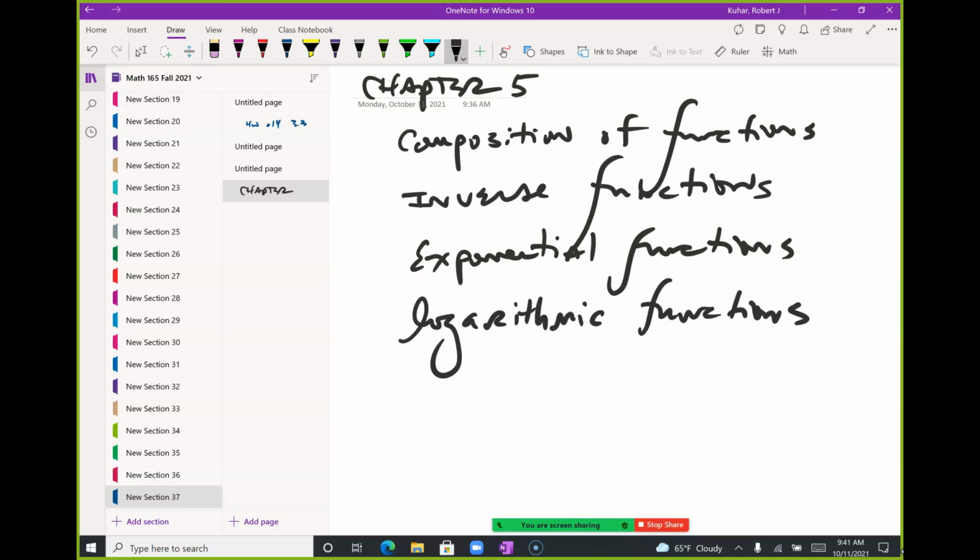You study for the test, take the test Friday, take a Saturday off, and start working on chapter 5 on Sunday. We're not going to reward ourselves with a whole weekend off until we've got some better grades coming.